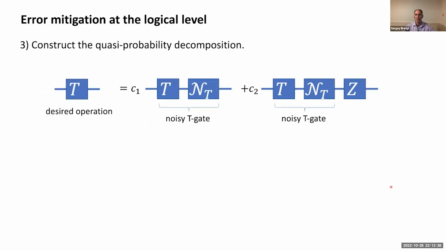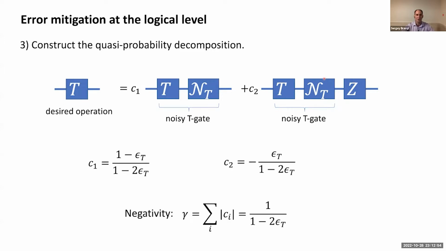And once we know the error rate, we can express our ideal T-gate as a linear combination of the noisy T-gate and noisy T-gate followed by Pauli Z error. And the coefficients C1 and C2 are simple functions of the error rate, which we already know.